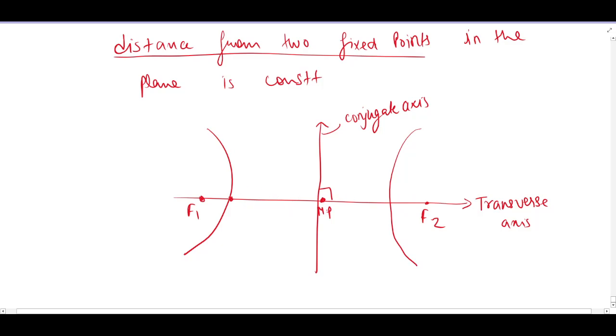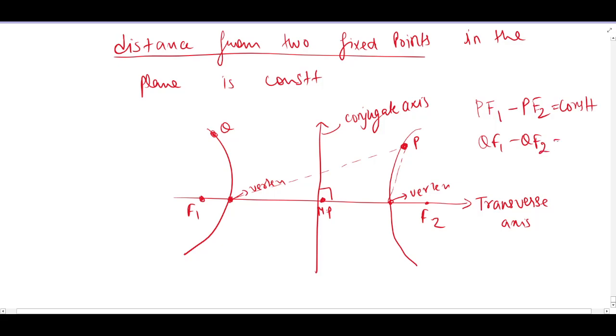Now the point of intersection of hyperbola on the transverse axis is a vertex. This is a vertex, this is also a vertex. Now consider any point P on any of the hyperbola and join P with f1 and f2. So from definition of hyperbola, Pf1 minus Pf2 equal to constant. So if we take any point on any hyperbola, like point Q, then Qf1 minus Qf2 equal to constant.